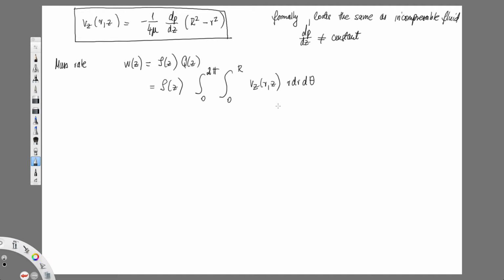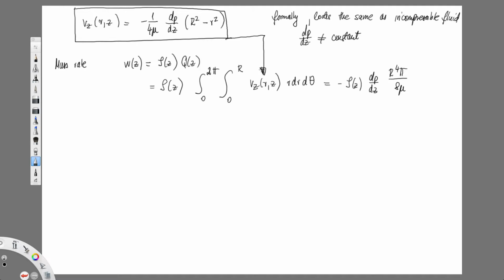Since I don't have the integration with respect to z, I can just leave this as minus rho of z. I can take dp/dz out and integrate the rest like we did before, and that will give you the overall result, which I now put in here.